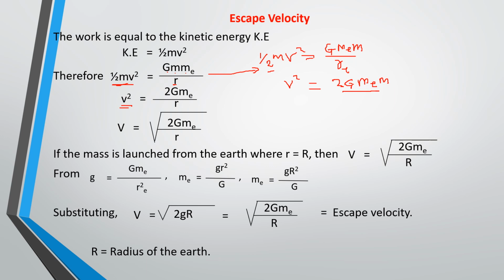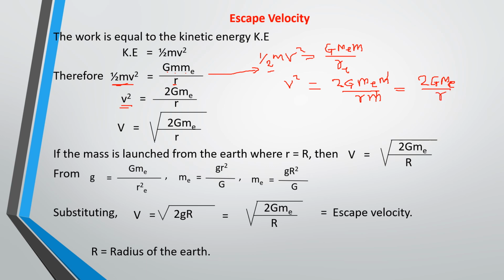That was a typo error. So this is all over r divided by m. This m will cancel this, so that v squared is equal to 2 G Me all over r.